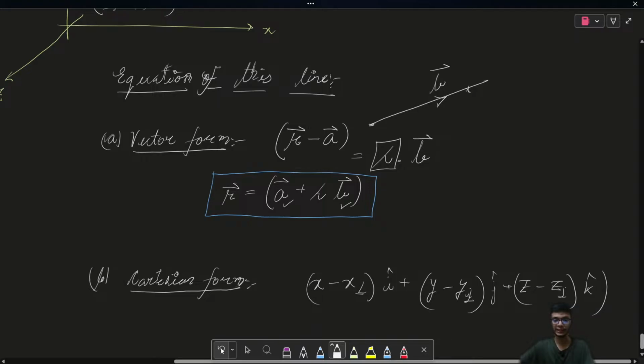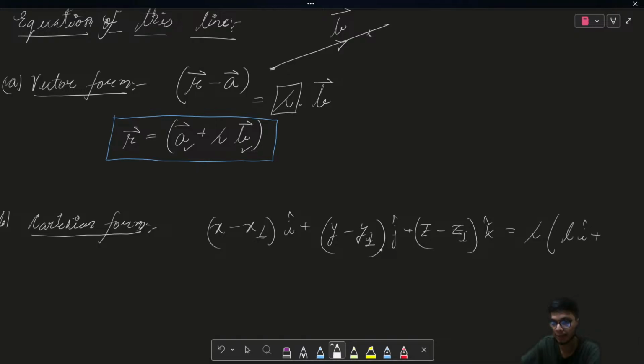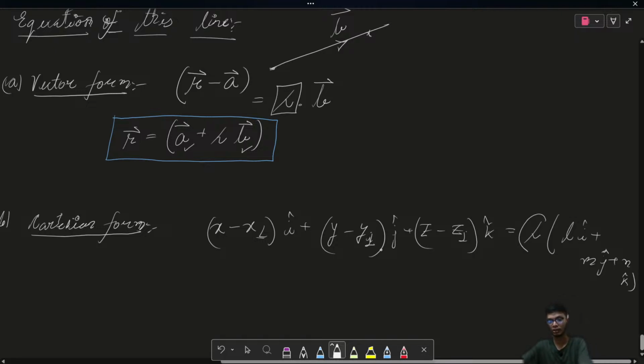This will also equal lambda times the b vector, which is lambda times (l i cap plus m j cap plus n k cap), right? Because this is my direction cosine, and multiplying with a constant gives the vector along which it is directed. Or maybe I can use the direction ratios over here, right?